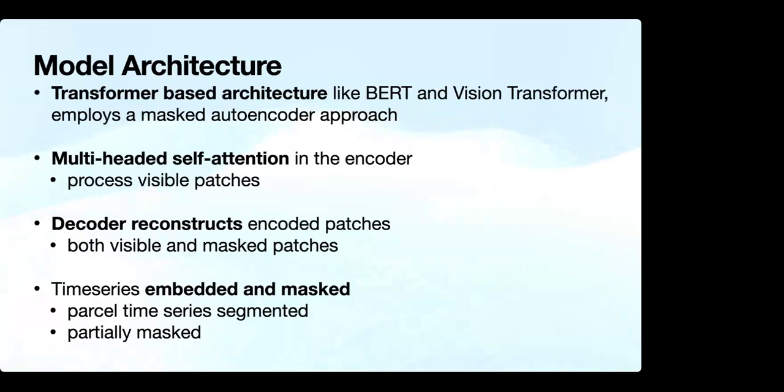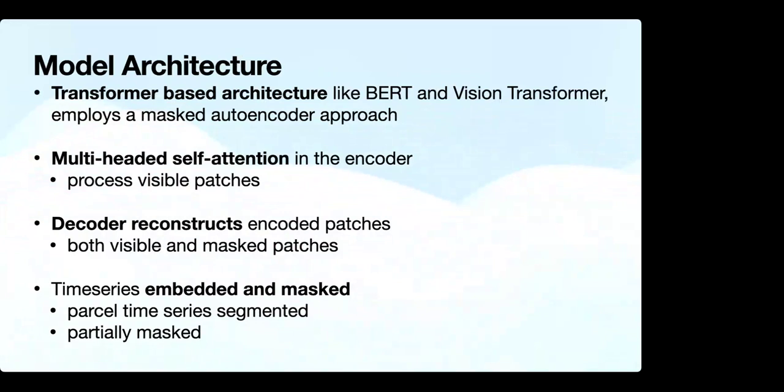So their model architecture was based on the transformer architecture, something similar to BERT and the vision transformer. What I explained in the beginning, the masked autoencoder, is using the vision transformer architecture.